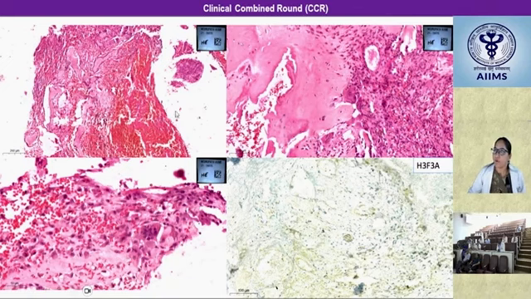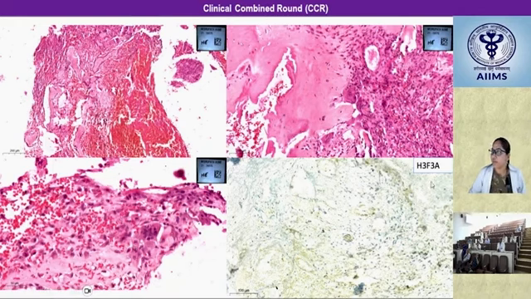So with this morphology, the possibility of giant cell tumor, like osteoclastoma, and aneurysmal bone cyst was considered.